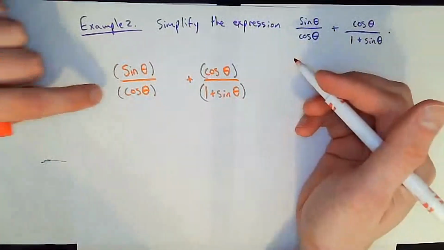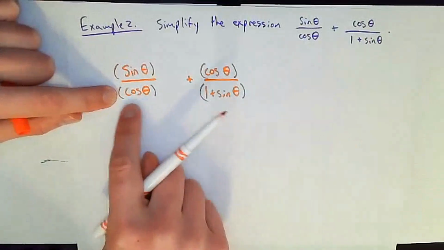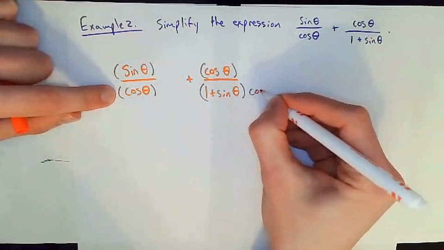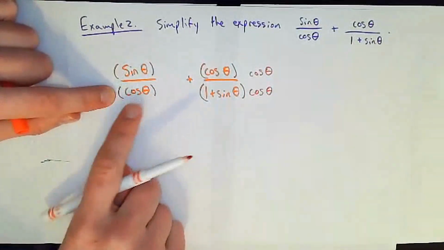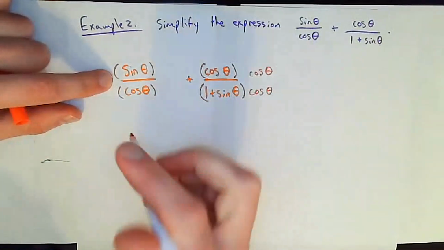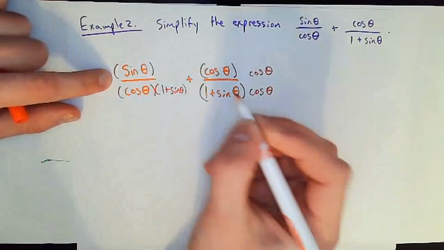So in other words, if I want to make a common denominator here, I'm going to have to give this one this factor. So I'm going to have to give it a cosine of theta in the top and bottom. And I'm going to have to give this fraction over here this entire denominator. So I'm going to introduce that here, 1 plus sine of theta.